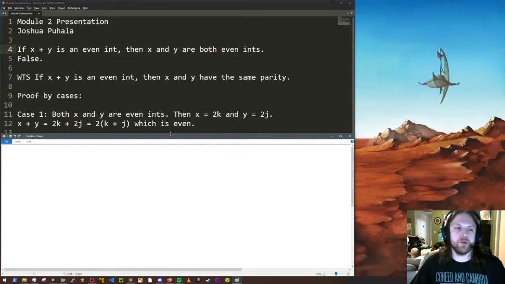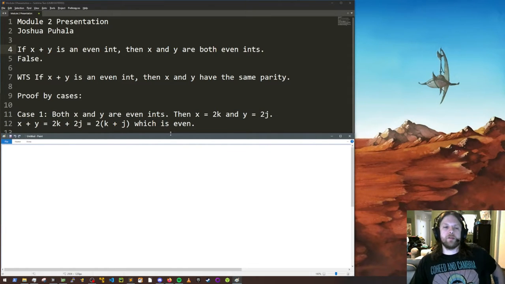So jump into it. Case one is that x and y are both even integers. So we'll set x equal to 2k and y equal to 2j.